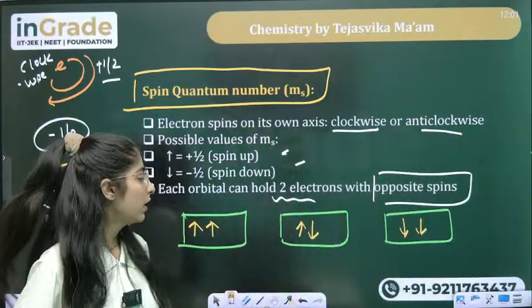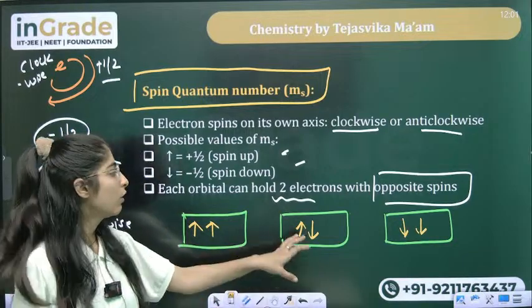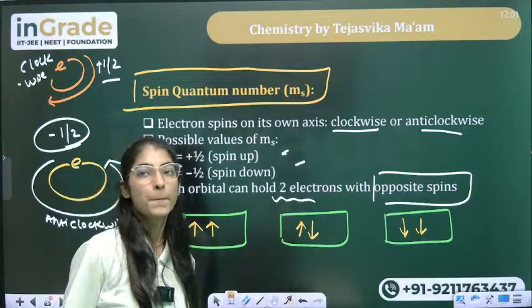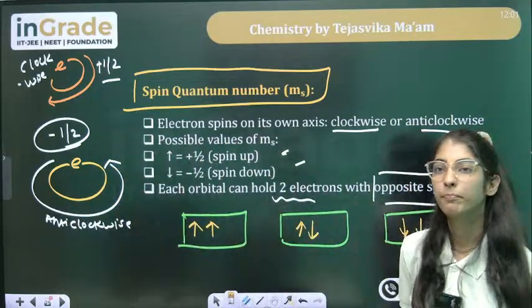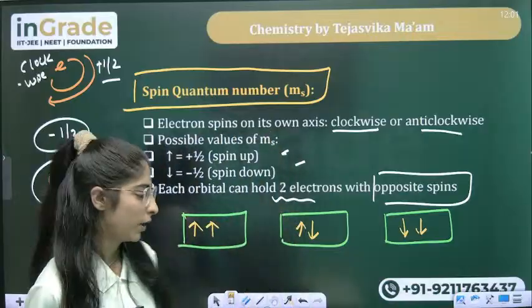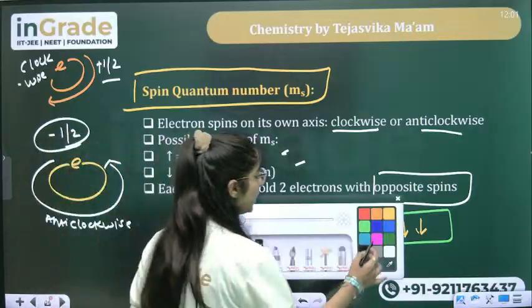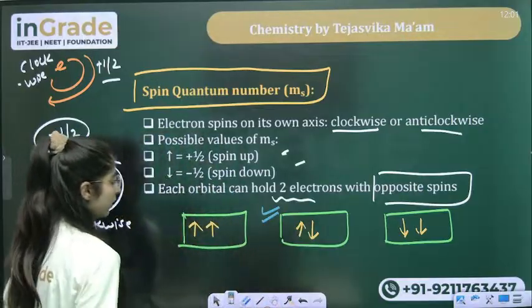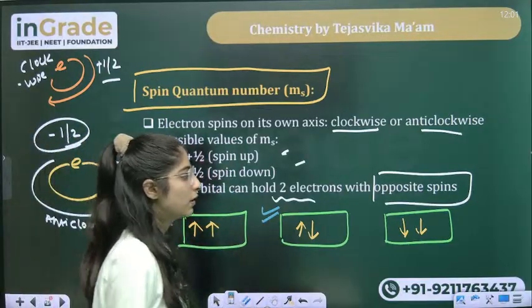Now tell me the exact representation of the 2 electrons present in this orbital. Okay, see students, this is going to be the exact representation. This is not applicable, this is not applicable.